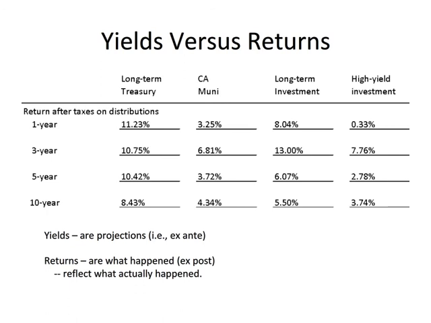There's an important point to keep in mind here. Yields, or the structures we've been looking at in the past examples, are projections. They're before the fact. Whether or not they actually happen, you'll have to hold the bond to the end, and maybe you'll sell it or whatever. But that is a projection of what will happen.